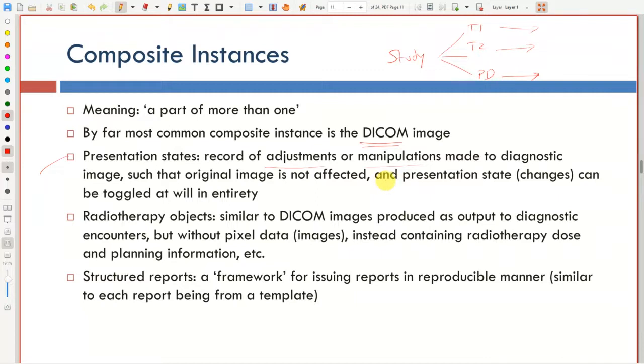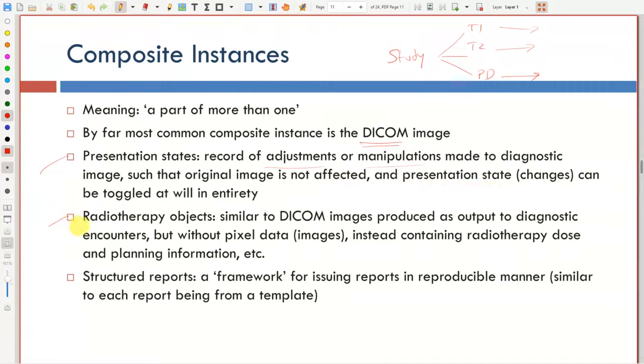Sometimes when you change the resolution of the image, you cannot go back. So basically, it's very important to keep the original data and have a presentation state, which changes from one doctor to another, and you can apply it or remove it, but you still have the original data to do whatever you want with.